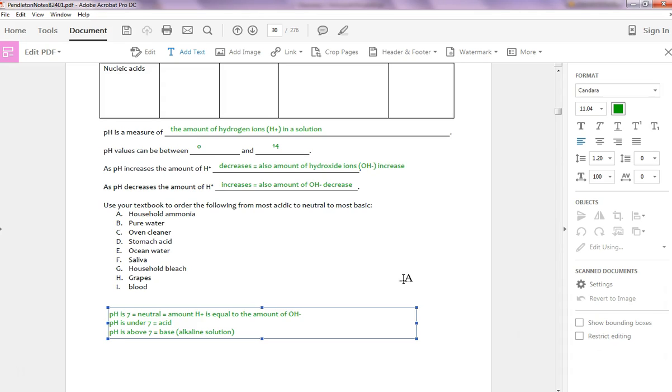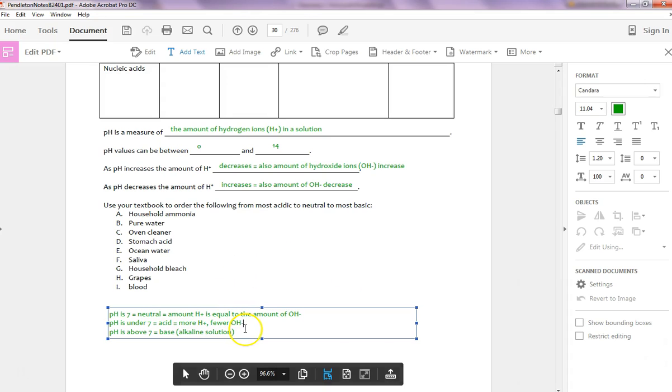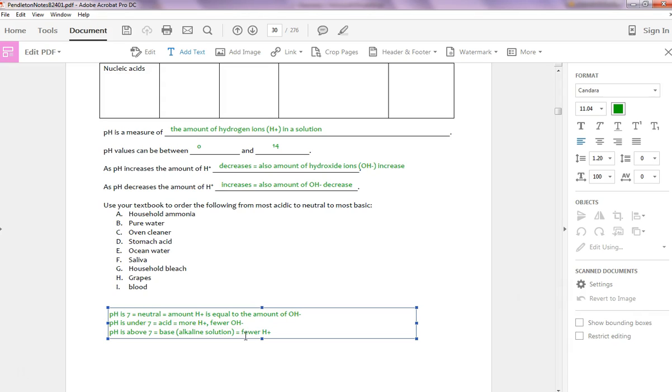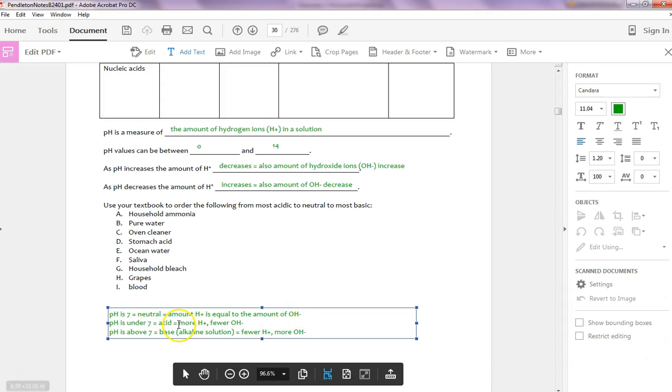With an acid, you have more hydrogen ions and fewer hydroxide ions. And for a base, you are going to have fewer hydrogen ions and more hydroxide ions. So neutral is balanced, and this imbalance is what happens with an acid or a base.